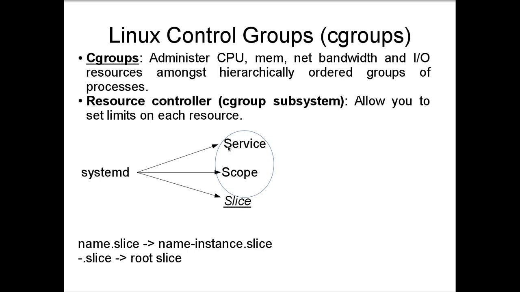A service is a hierarchically ordered group of processes that refers to system services, or things that are started via systemd through permanent unit files. A scope is a little bit different: it is a hierarchy of processes that can start or create processes dynamically.